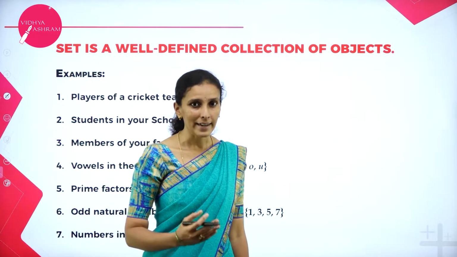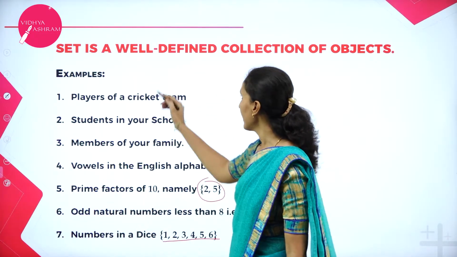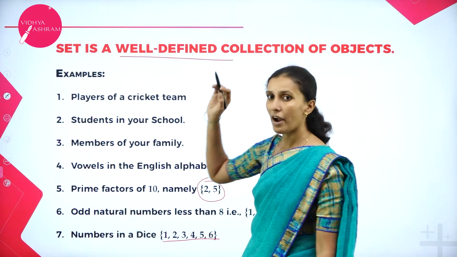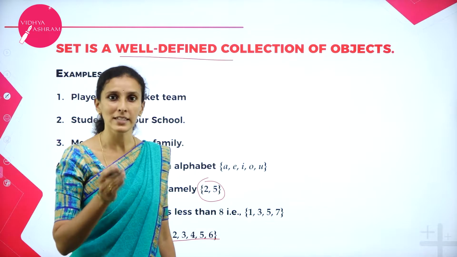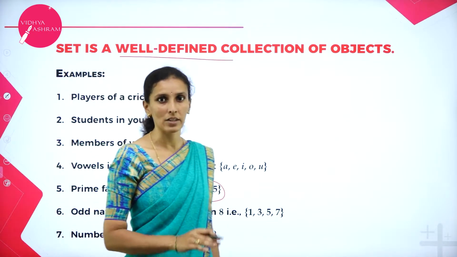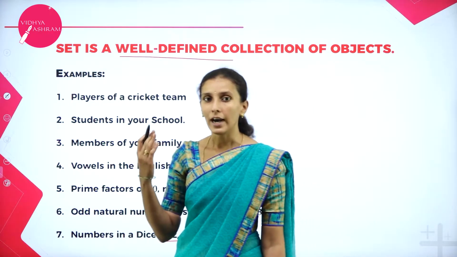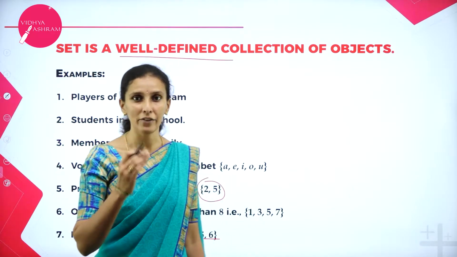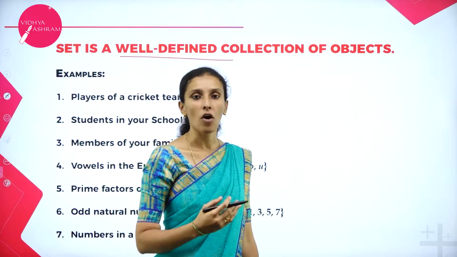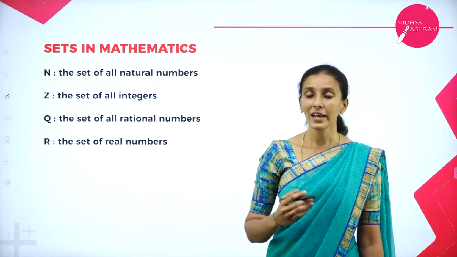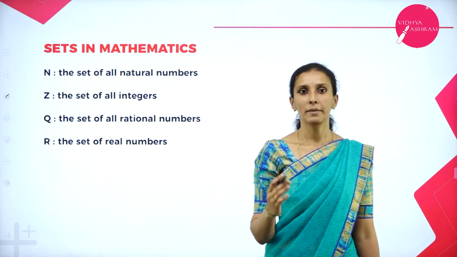So set is nothing but, as I said, it is well defined. So it has certain property for each element inside the group or a set. So when you are framing a set, elements in the set contain a definite property, hence they are well defined collection of objects. In similar way, we come across a set in mathematics.